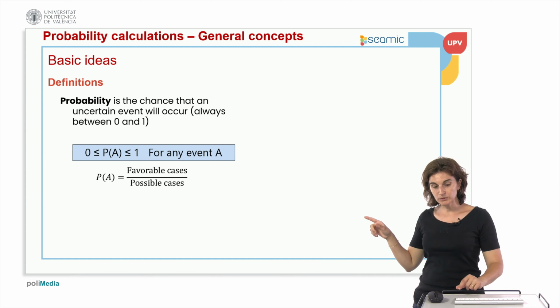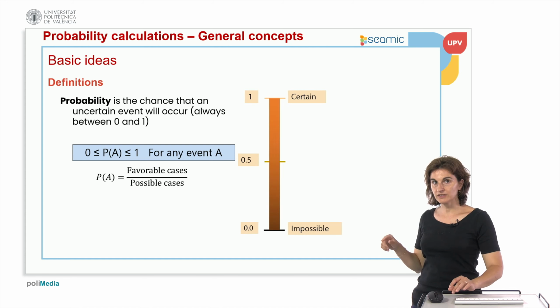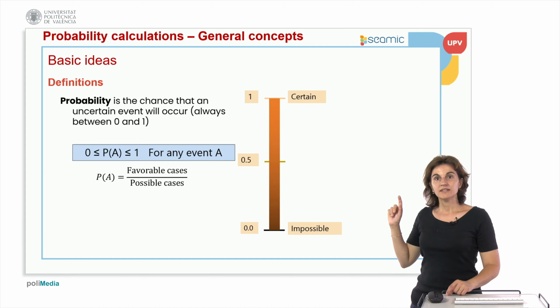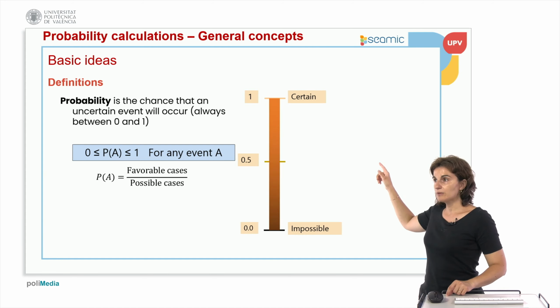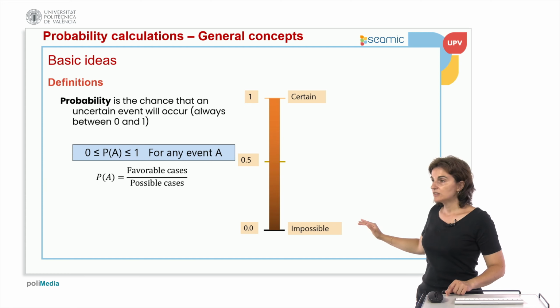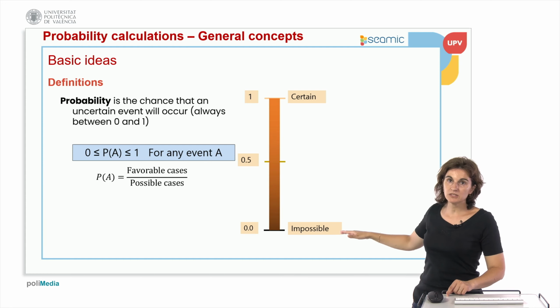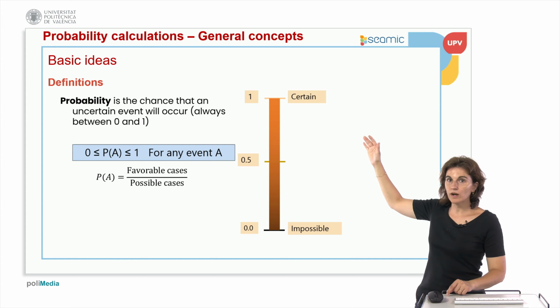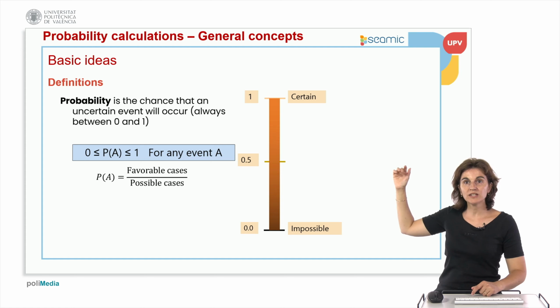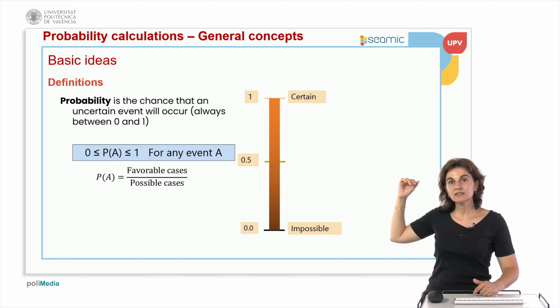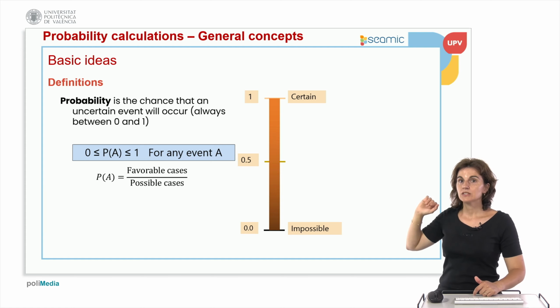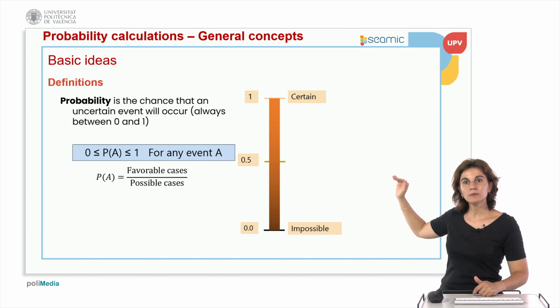This is how we compute the probability of event A. So, in the end, the probability is a continuous range that starts in 0.0 for impossible events and finishes in 1 for events that are certain that they will occur. So any value of probability should be included in this range.